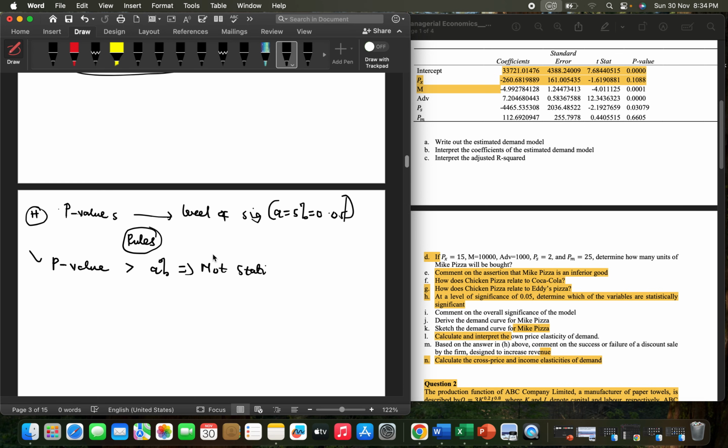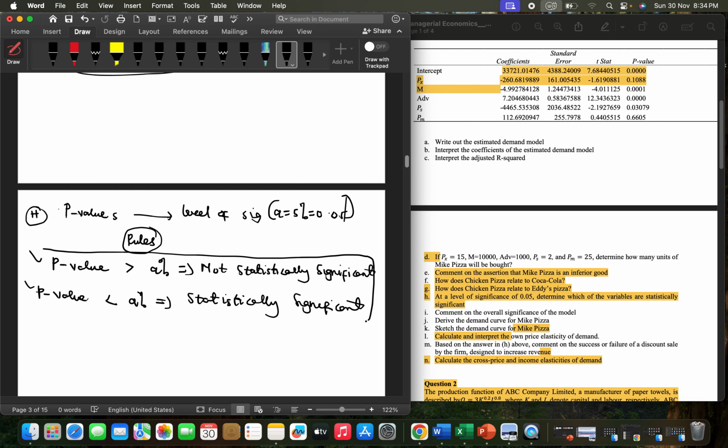The second decision is if your p-value is less than your level of significance, then it's statistically significant. So these are the rules of the game. With the H part, these are the rules we are going to use.